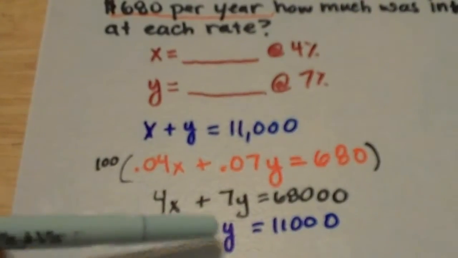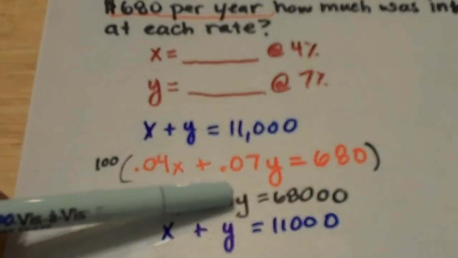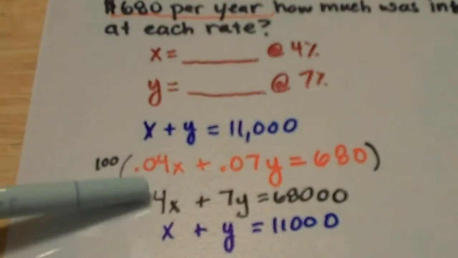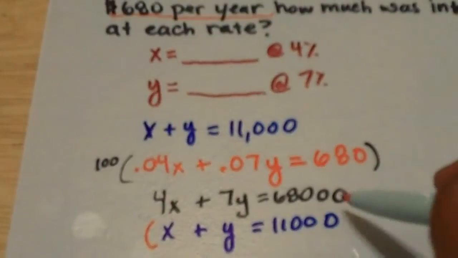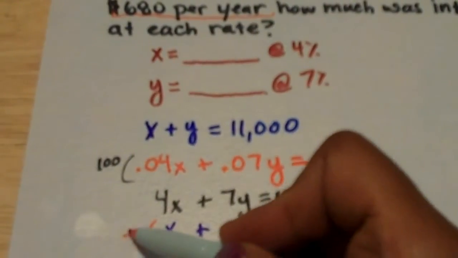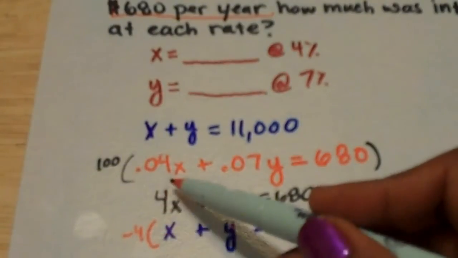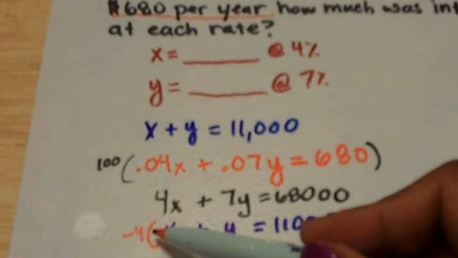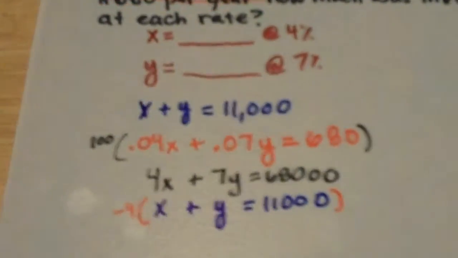So for instance, x and y both have a coefficient of 1. We can eliminate x, or we can eliminate y. I'm going to suggest x because x has a 4 next to it, so that just means we have to multiply by a smaller number. So we're going to multiply this whole equation by -4, because remember, with elimination, you not only want the coefficients to match, but you want them to be opposite signs. So since this is positive, we're going to make this one negative.